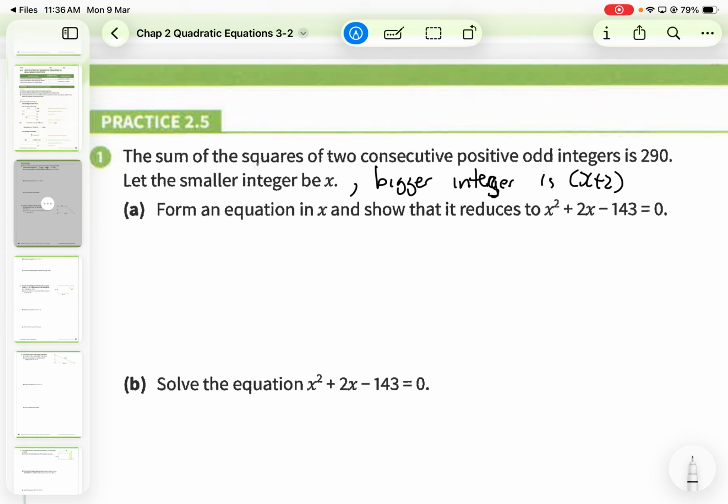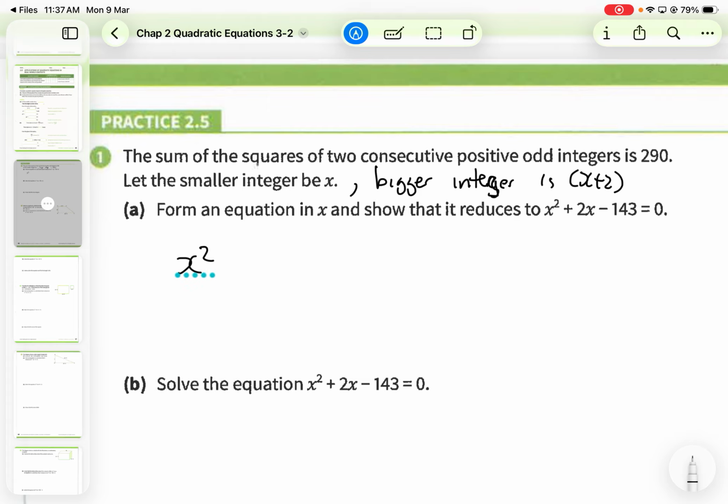Then the next piece of information is that when I square these two numbers and add them together, it will be equal to 290. This is what this line is saying. So I must translate English into maths. I square x, it becomes x squared.